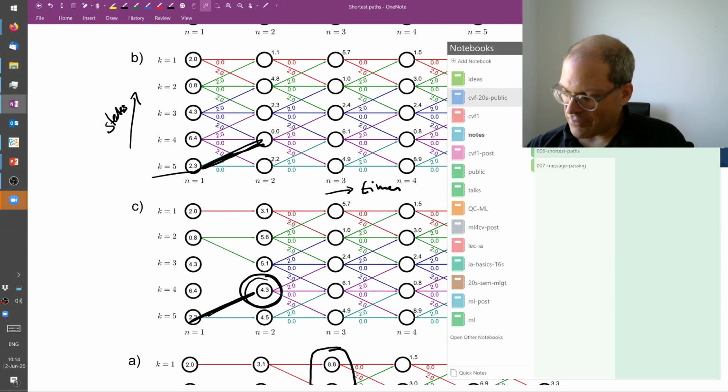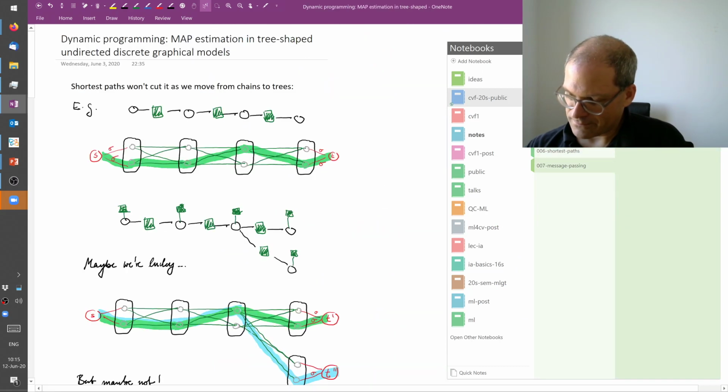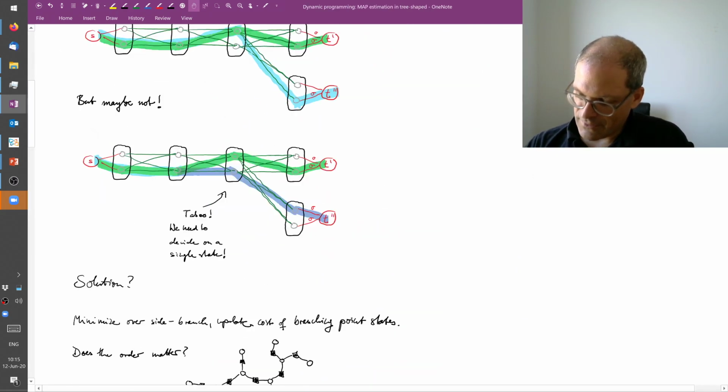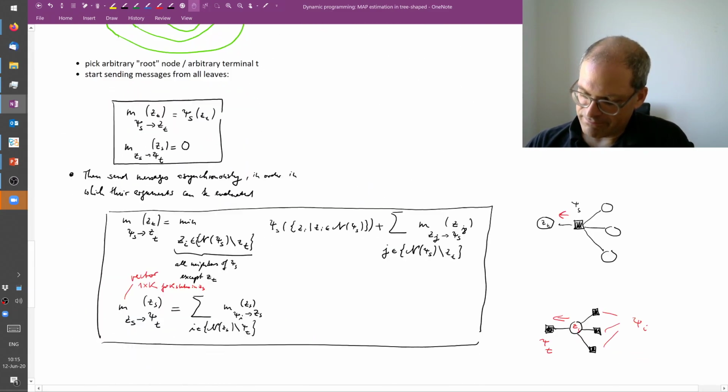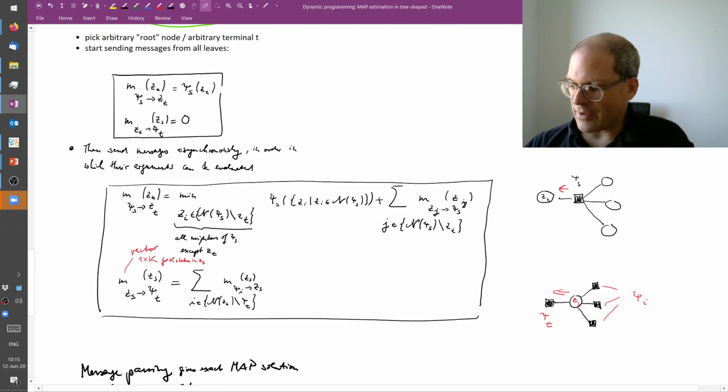And now we have the very same thing. We have the minimization operation, except that this time, we have many possible incoming states.